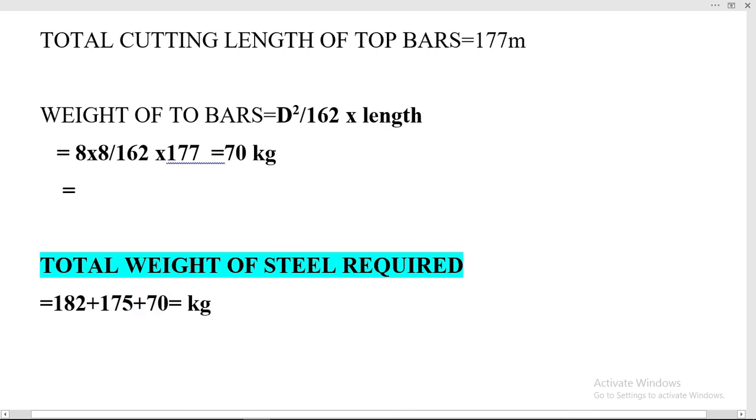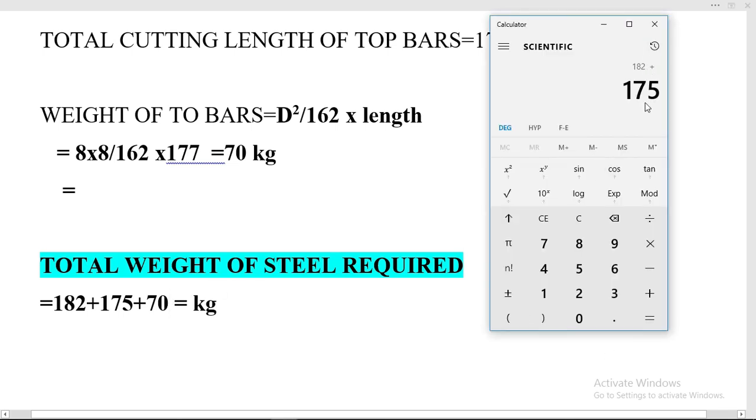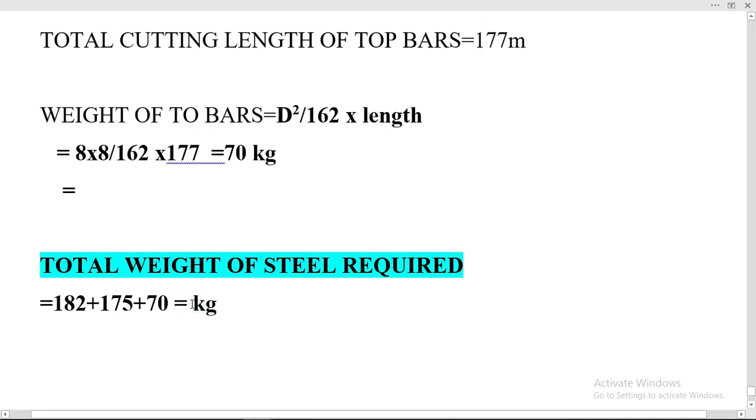So the total will be, let me calculate it on the calculator, 182 plus 175 plus 70. The total weight of steel we require for this two-way slab is 472 kg.